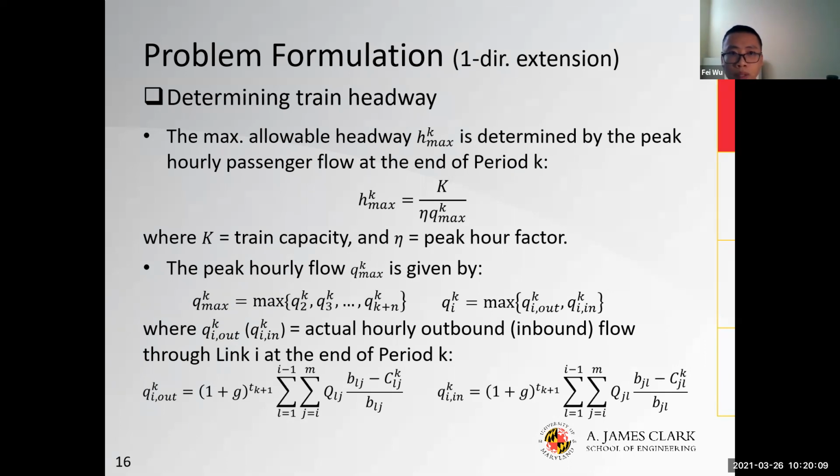The maximum allowable headway is determined by the peak hourly passenger flow at the end of phase K. We first need to determine the peak hourly flow for phase K, which is given by the maximum of the hourly flow through each in-operation link in phase K.